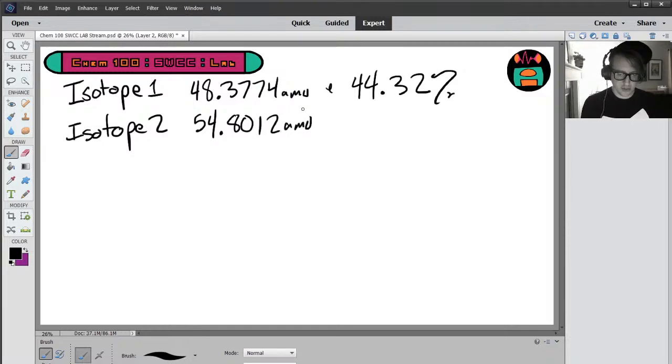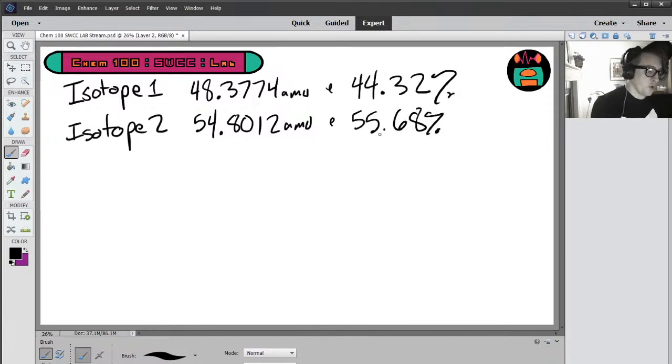I'm just making sure I'm getting my percent abundances right. I'm going to go 100 minus 44.32. So this would have a percent abundance of 55.68%.